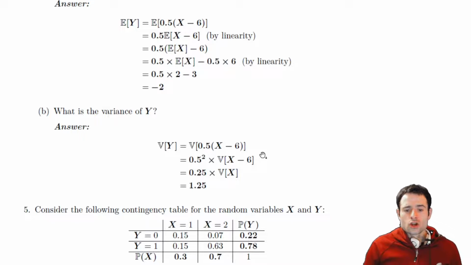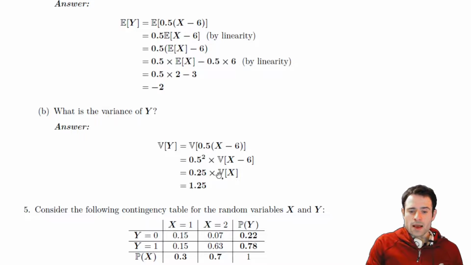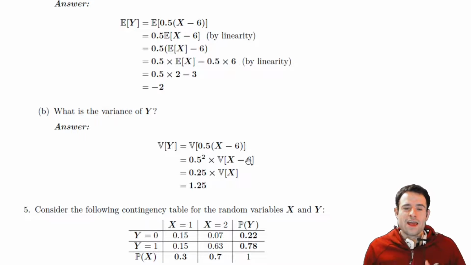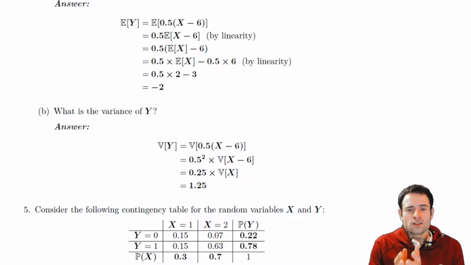Then, note that the variance of x minus 6 is the same as the variance of x, because 6 is not a random variable. It doesn't vary. A number that doesn't vary will have a variance of 0. So the variance of x minus 6 is the same as the variance of x itself.